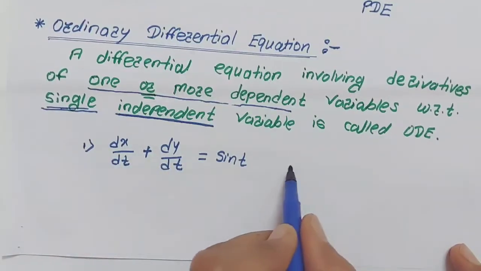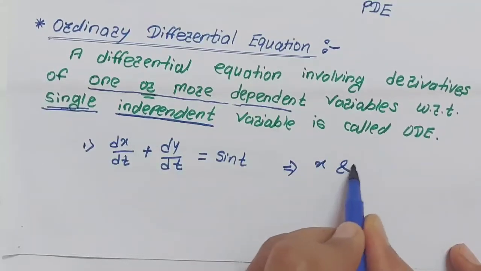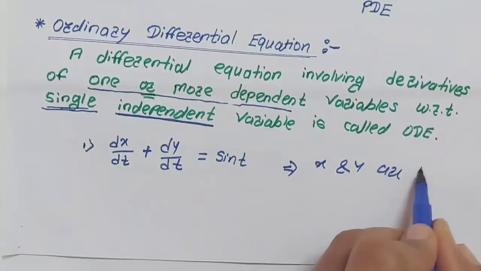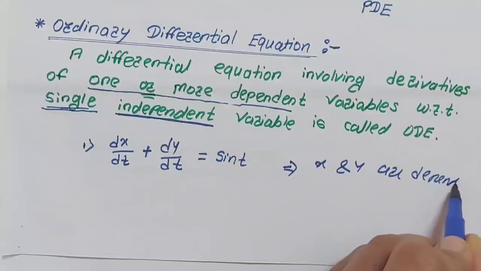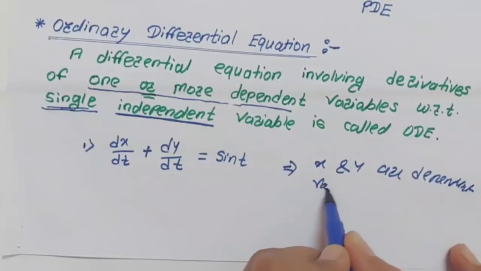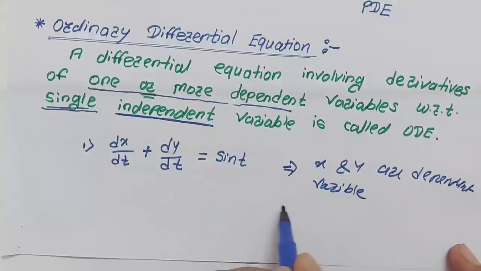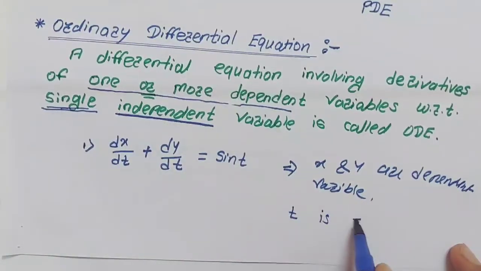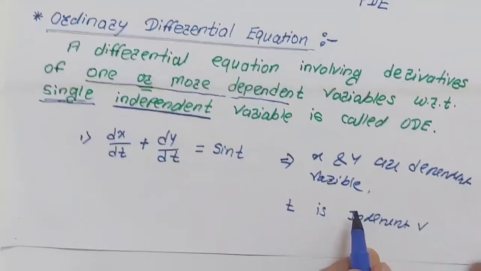So here x and y are dependent variables, and we are taking the derivative with respect to t, so t is the independent variable.